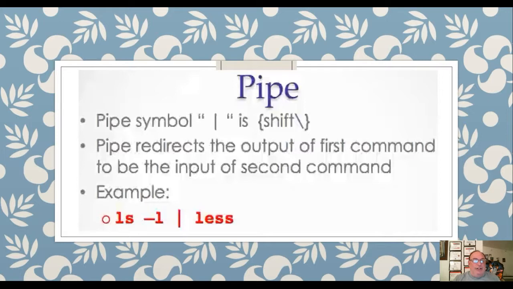As an example, if we use our ls -l command, let's say we don't want to see it immediately on the screen, or we want to be able to control it. There's a command in Linux, which we'll discuss in another video, called less. Basically, that saves it into a scroll window. So if the output is too big to fit in the page, you could scroll up or down in less, and you could look at your output.